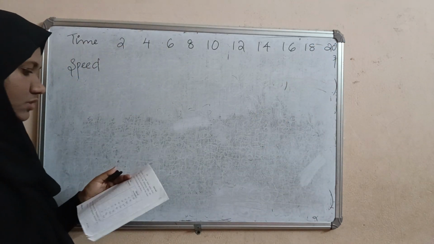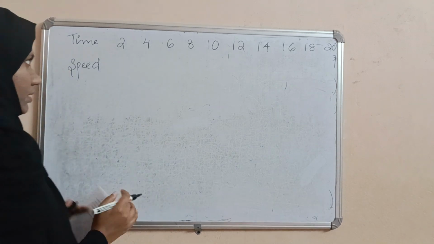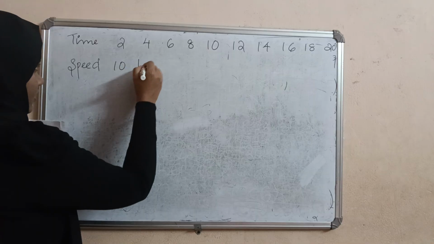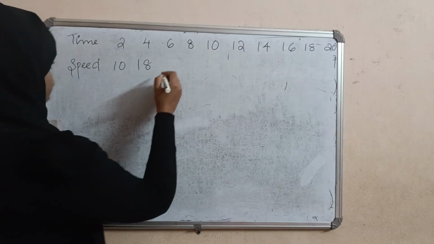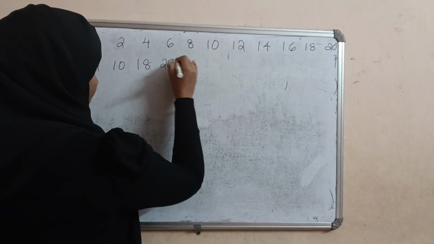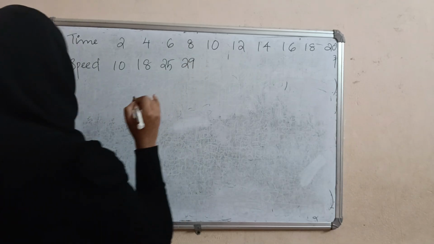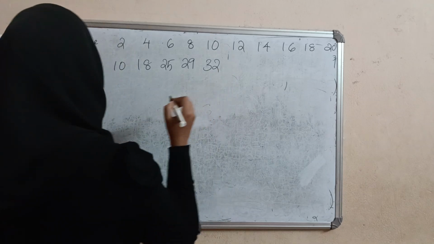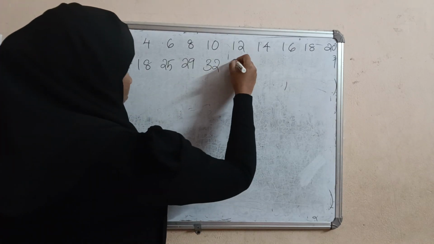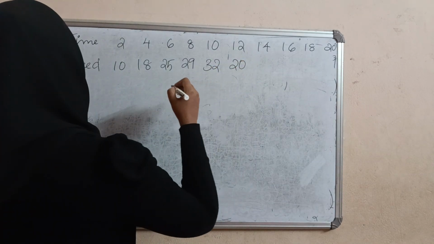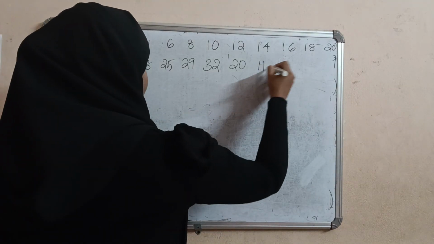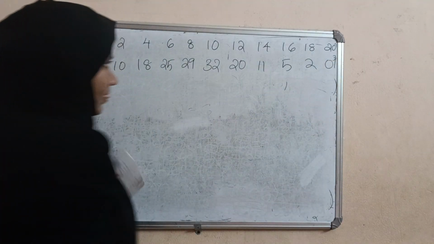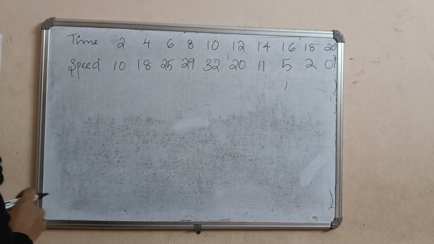This is there in the December 2024 question paper. Speed is 10, 18, 25, 29, 32, 20, 11, 5, 2, 0. Okay, this is our question.